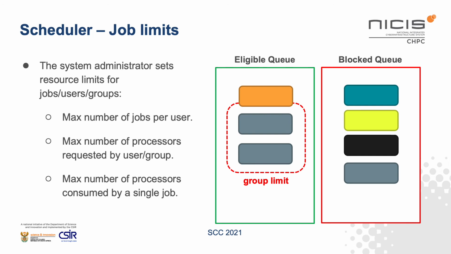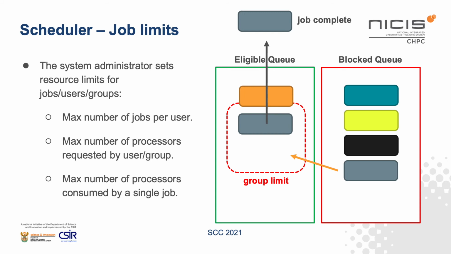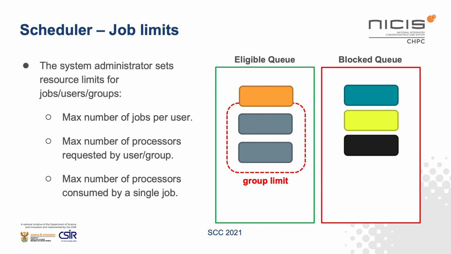If the limit is exceeded, the job scheduler will place the offending jobs on the blocked queue. Jobs in the blocked queue will not run, even if there are compute resources available that meet the job's requirements. As jobs start to complete, the number of user or group jobs in the system may drop below the threshold, allowing the blocked job to enter the eligible queue.